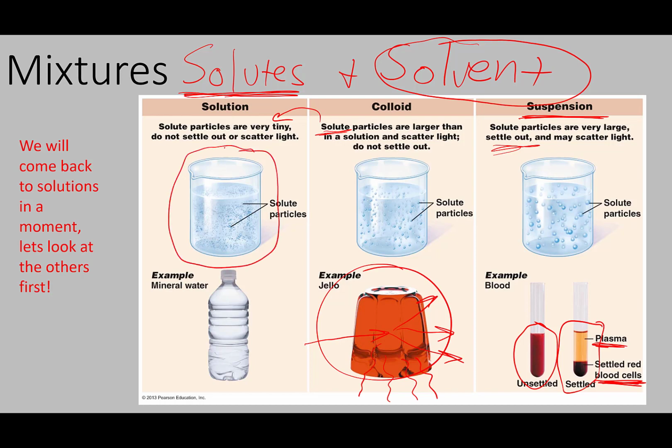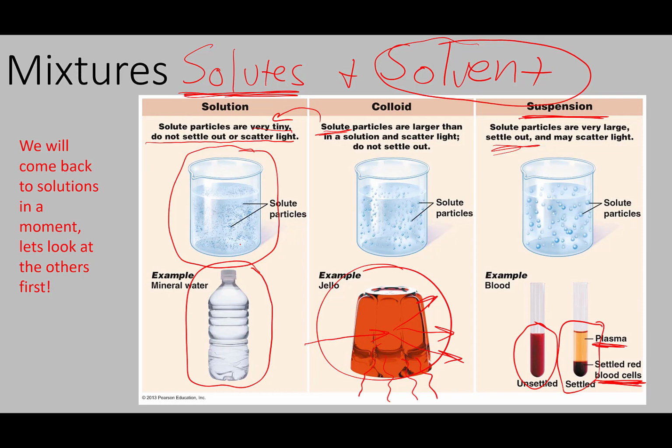This is something like salt water or sugar water or something like that. The particles, the solutes, are very tiny. They do not settle out and they do not scatter light. So this mineral water, this could also be salt water, this could be sugar water. It's an example of a solution.